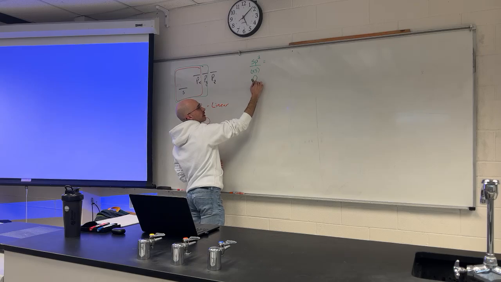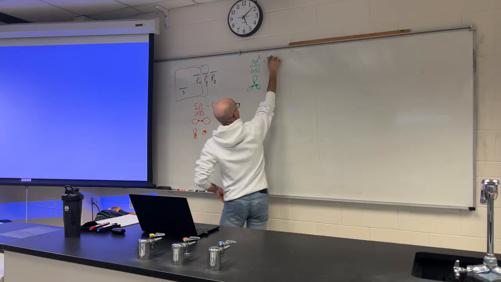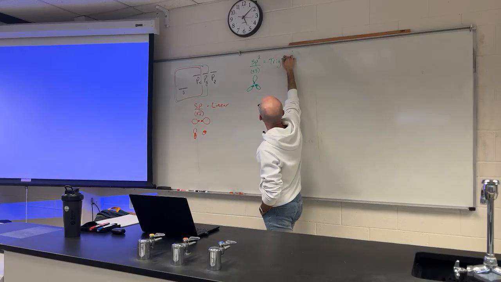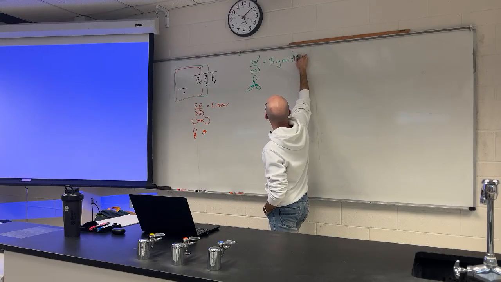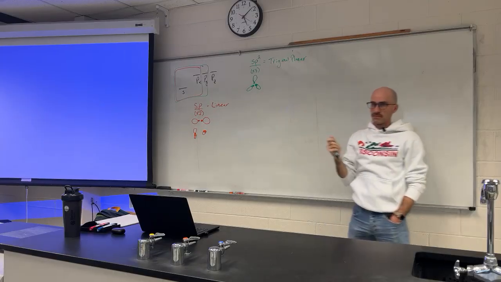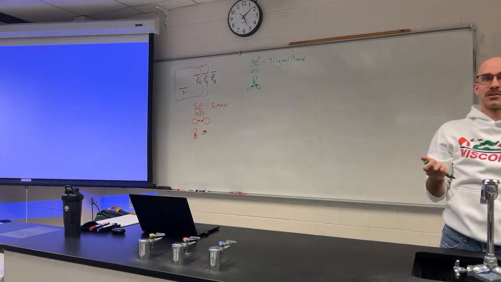So these are oriented along the xy plane, and they spread out as far as they can into the shape of a triangle. So we say that this central atom is trigonal planar.